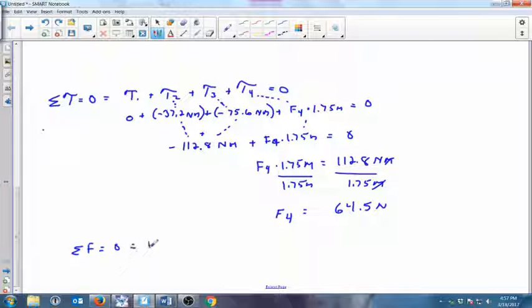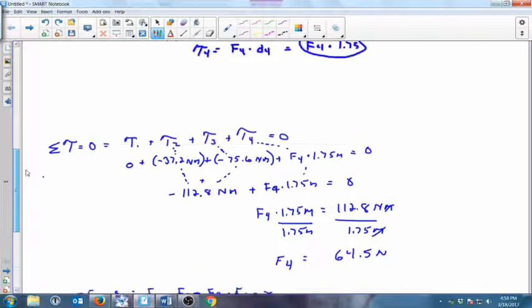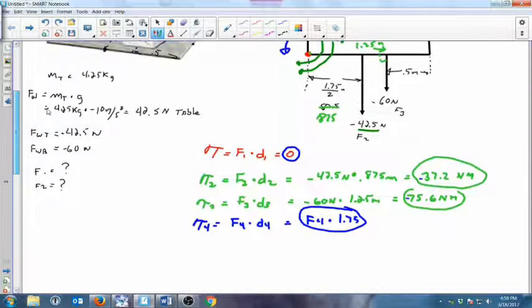That means F1 plus F2 plus F3 plus F4 must all equal 0. Well, F4 is no longer 0 now because I'm not talking torques. So F1, rather, is going to stay as it is. But I do know what F2 is now. F2 was right over here, minus 42.5.